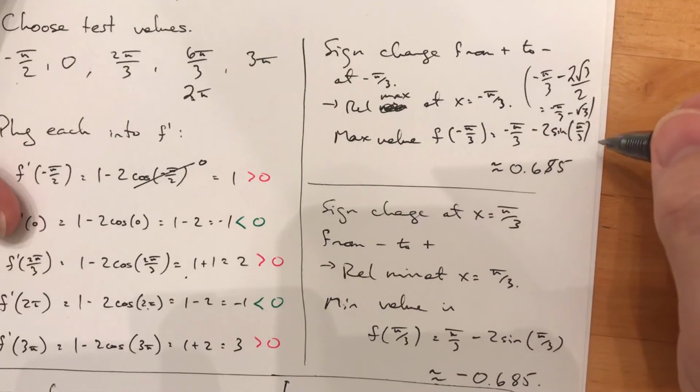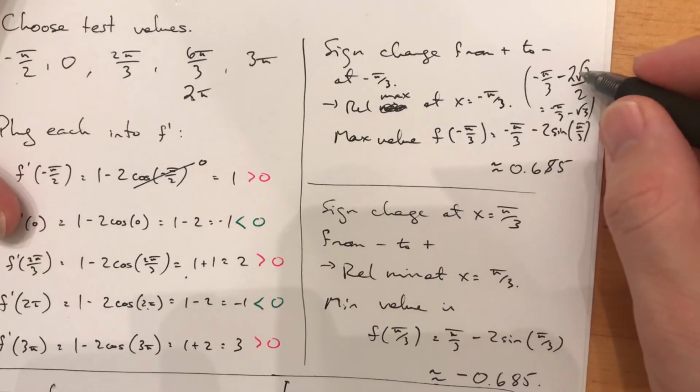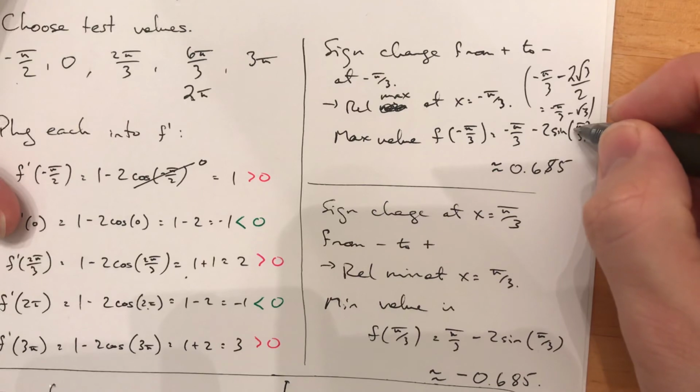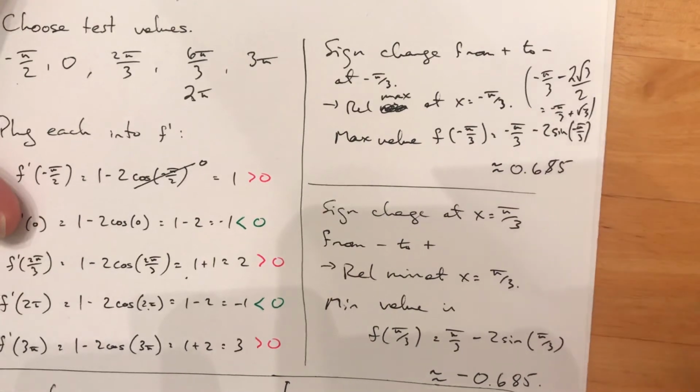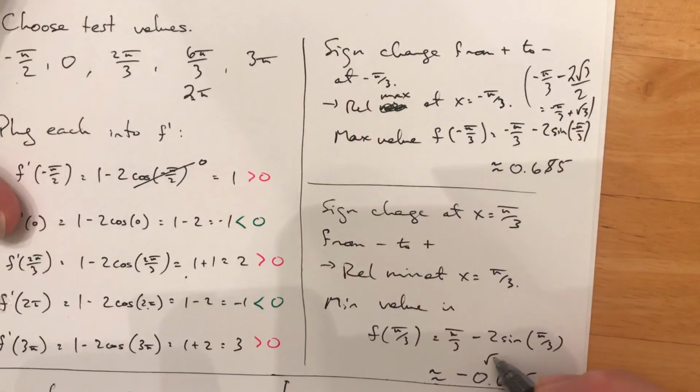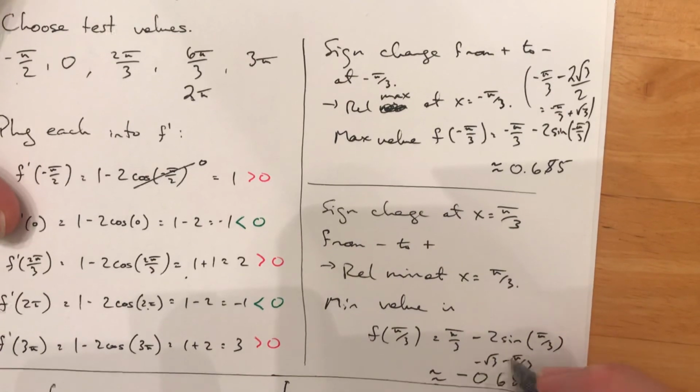Why is that negative? Oh, because this should be negative, and that's going to be plus. This is going to be the square root of 3 minus pi over 3. Negative square root of 3 plus pi over 3.